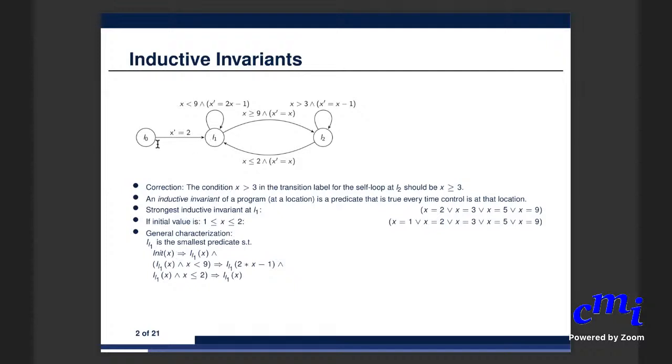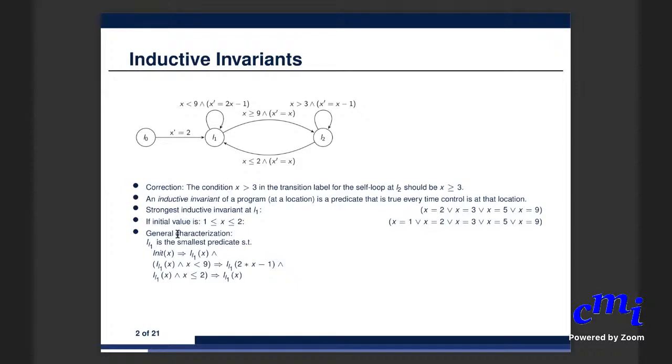So the initial values are included in the set of values that X can take at L2. And then you define for each of them inductively what can happen based on the action, that is the assignment, possibly a conditional assignment, made by that particular edge.